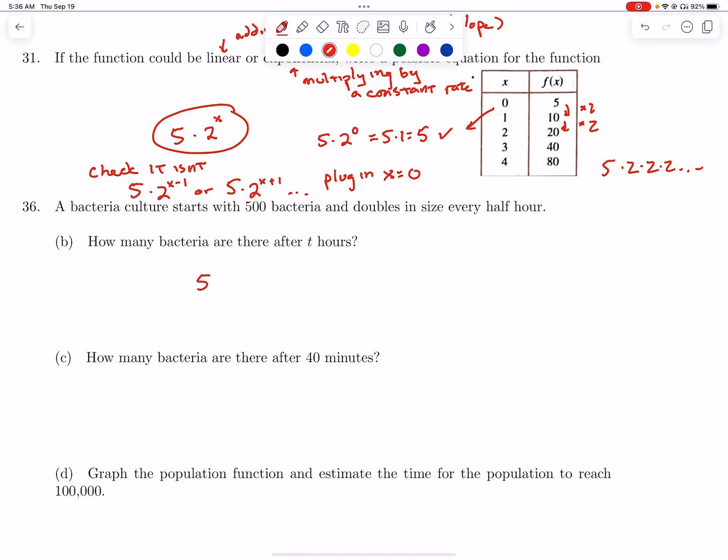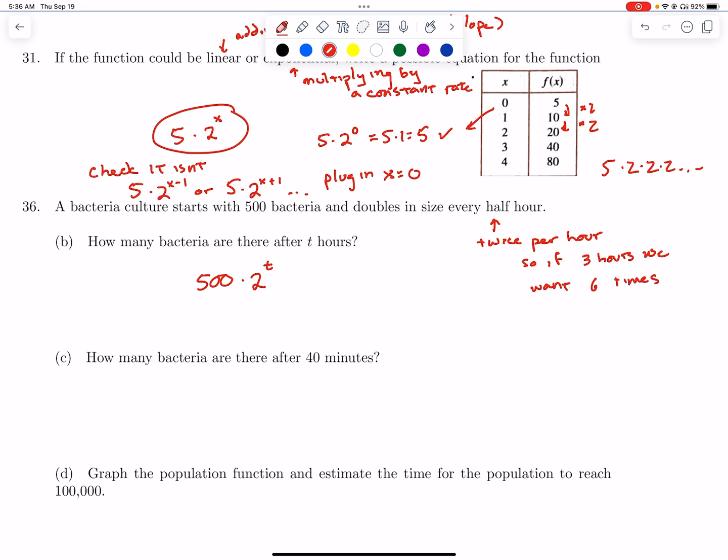Start with 500 bacteria, double every half hour. Doubling question. What do I do with the half hour? One other way to say that is twice per hour. So if like 3 hours, we want 6 times.